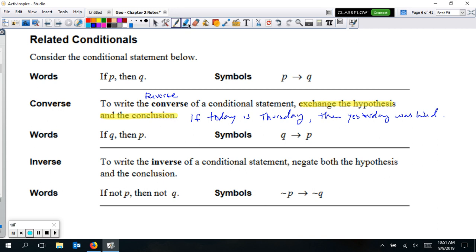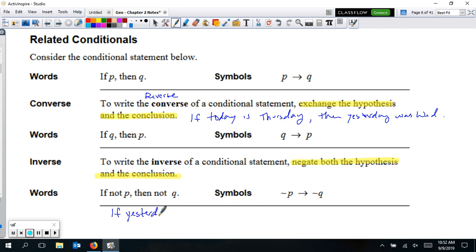Next one says inverse. So what does an inverse do? The inverse of a conditional statement, this is what it does. It negates both the hypothesis and conclusion. So it's going to insert the word not into both the hypothesis and the conclusion. So if again we go from our original statement that we had, which said if yesterday was Wednesday, but we're going to insert the word not here.